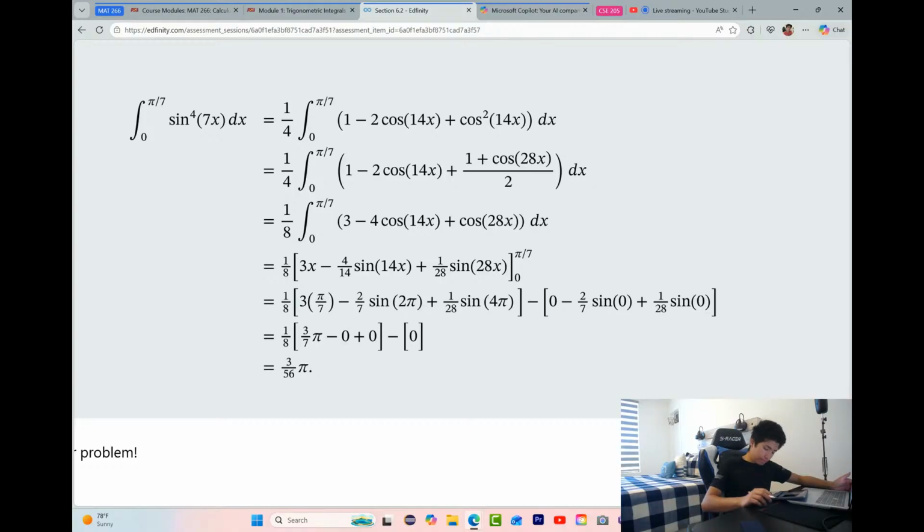So now doing our antiderivatives, we get, so our upper bound is going to be pi over 4. So we get 3 times pi over 4 minus sine of 8 times pi over 4, all of that over 2.